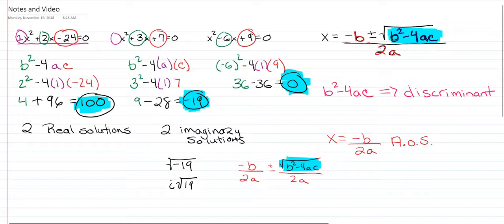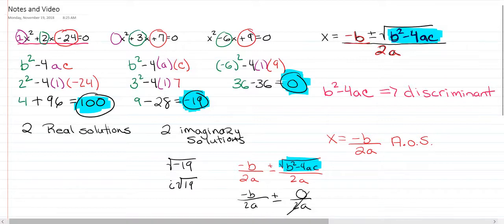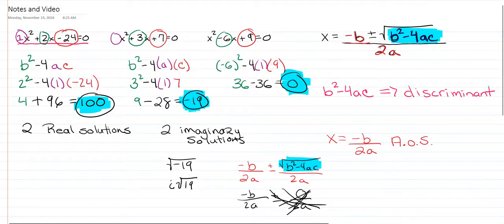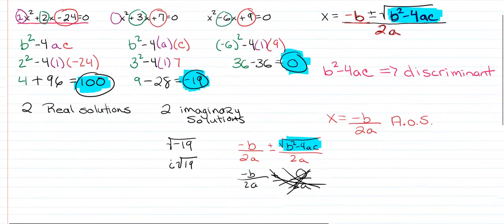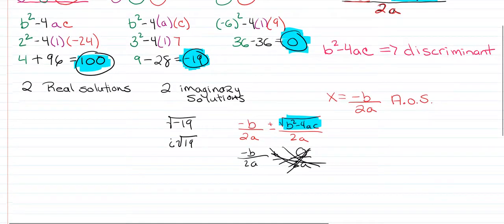So this would then be negative b over 2a plus or minus 0 over 2a, which then would just cancel everything out. So what does that actually mean? Well, I will still get an answer. It won't be imaginary. It's going to be real, but I'm only going to have one real solution.